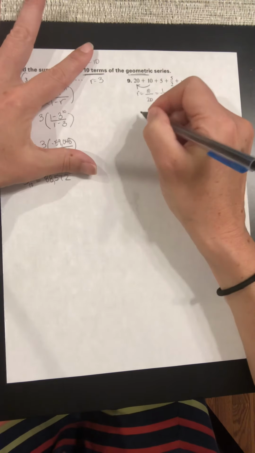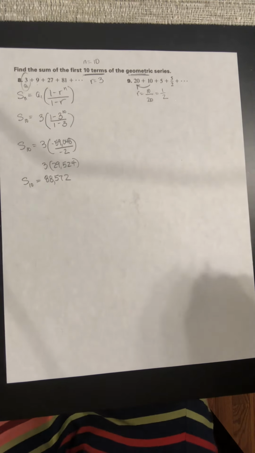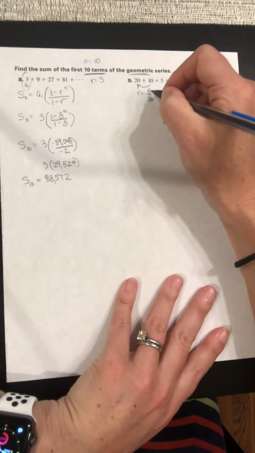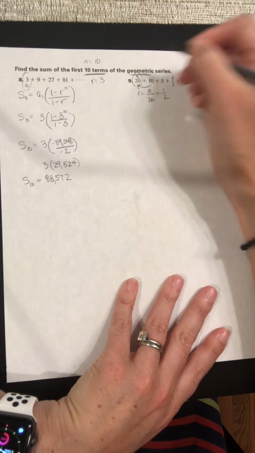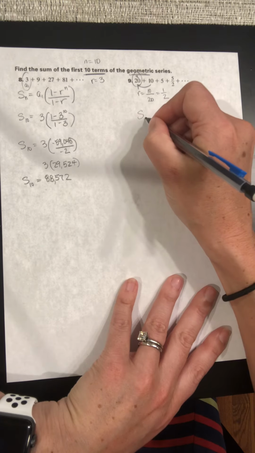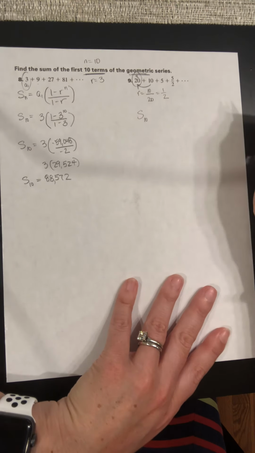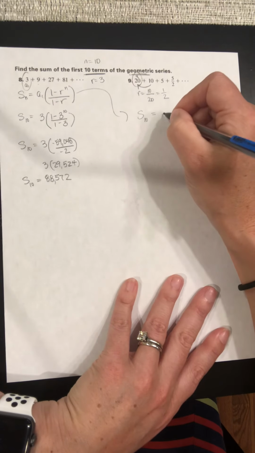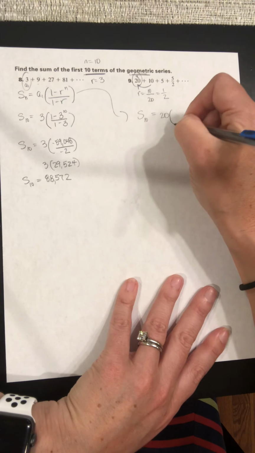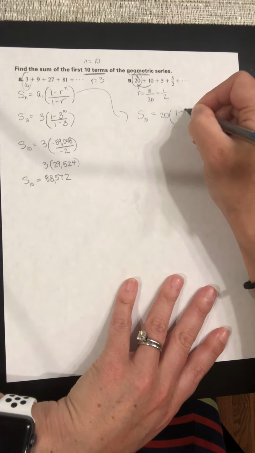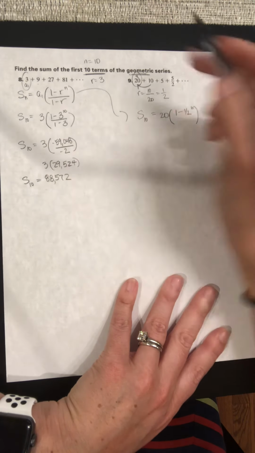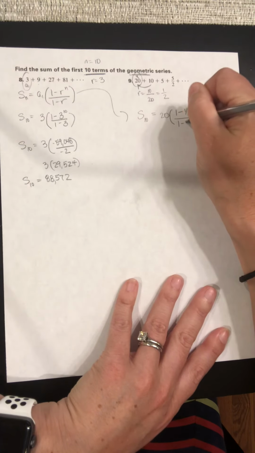But here, n is still 10, a sub 1 is 20, so we're going to do the sum through 10 terms. Using our formula, a sub 1, which is 20, times 1 minus 1/2 to the 10th power, so that's my r, and then over 1 minus 1/2.